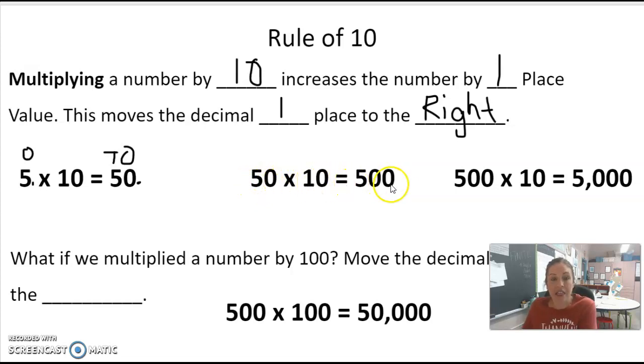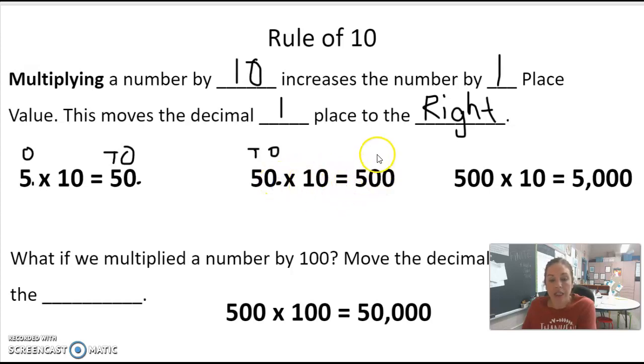Okay, let's see if it works with 50. 50 times 10 is 500. When I start, my 5 is in the tens place value, and I have 0 ones. After we multiplied it by 10, don't forget your decimal right there.